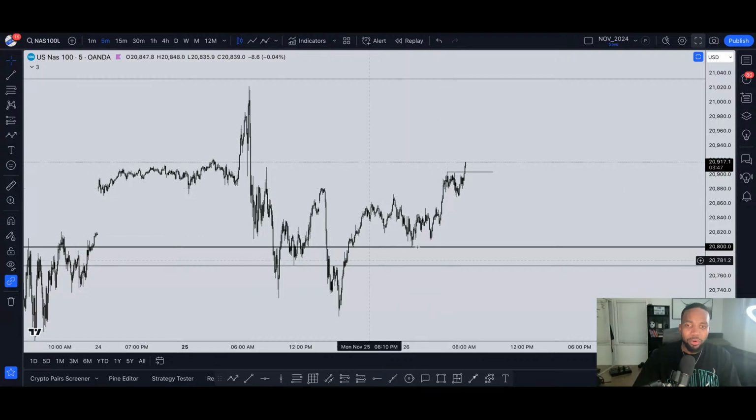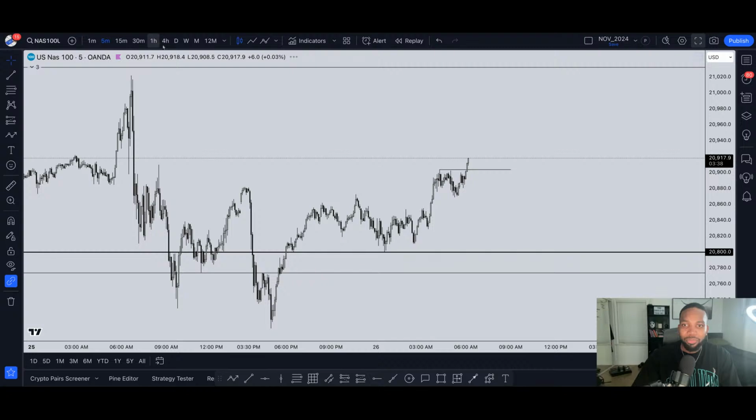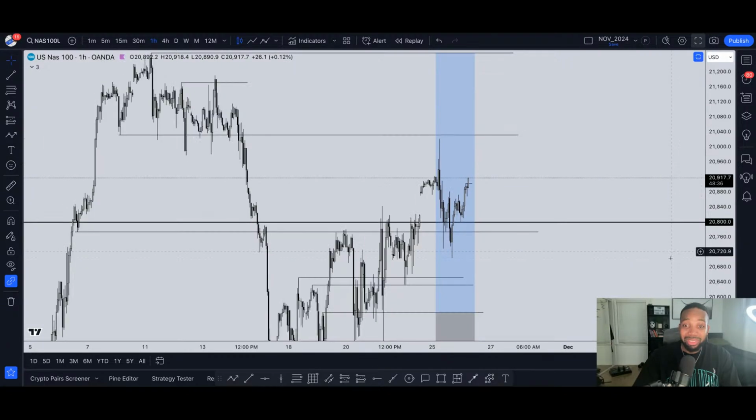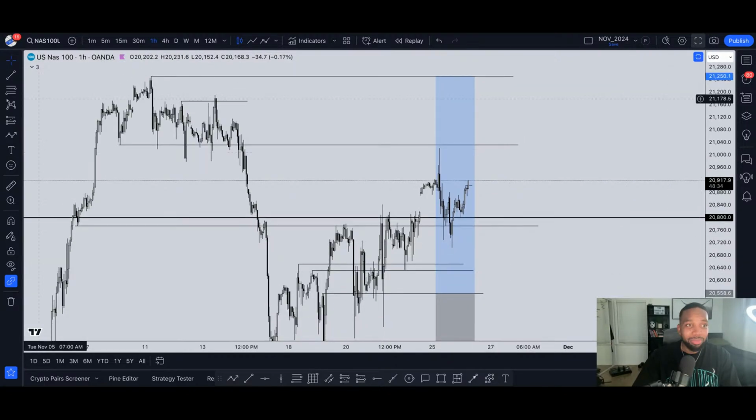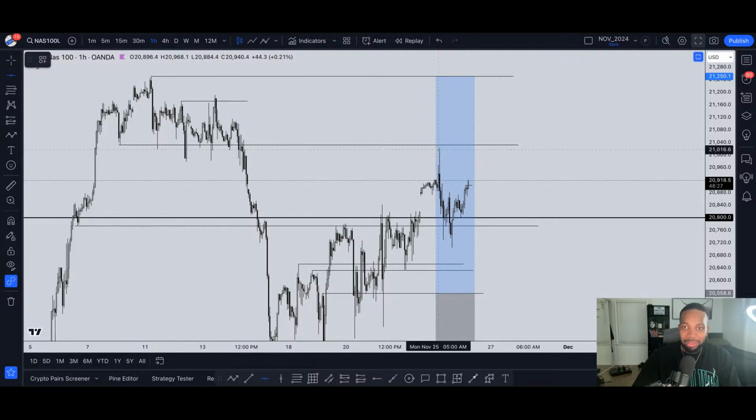You should have already been in these trades. We've been dropping these trades pretty much every day and holding for the long term. But for sells, if you really wanted to sell that, you would have to look anywhere above these highs, right?